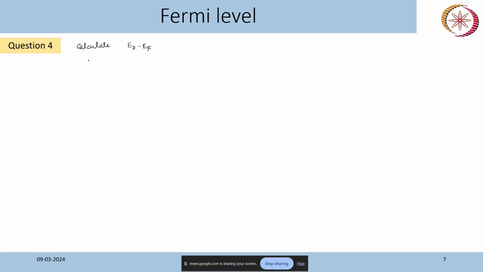ND we don't know the value, but it is given that 25% of the donor atoms are ionized, and the temperature is 300 Kelvin. So kT we know will be 0.026 electron volt.